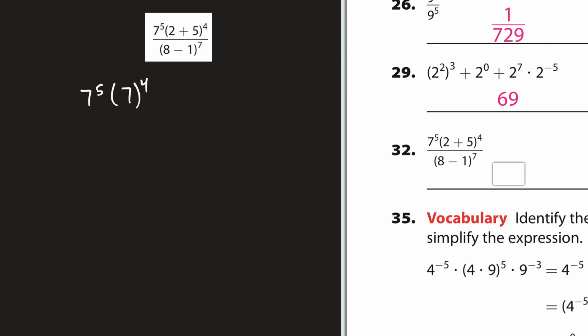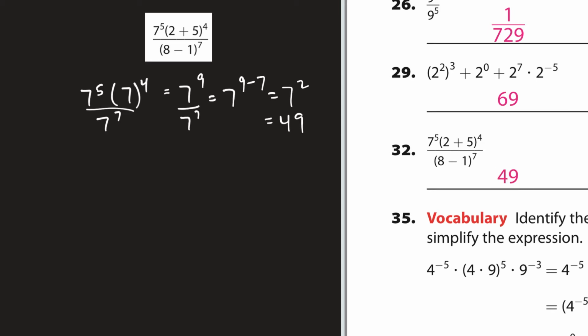Well, right there you can do 7 to the 5 plus 4, which is 9. Now, that's all over, and what I can do here is 8 minus 1 is 7 again. So that would be 7 to the 7th. And so this would be 7 to the 9 minus 7, which is 7 squared, and that is 49.